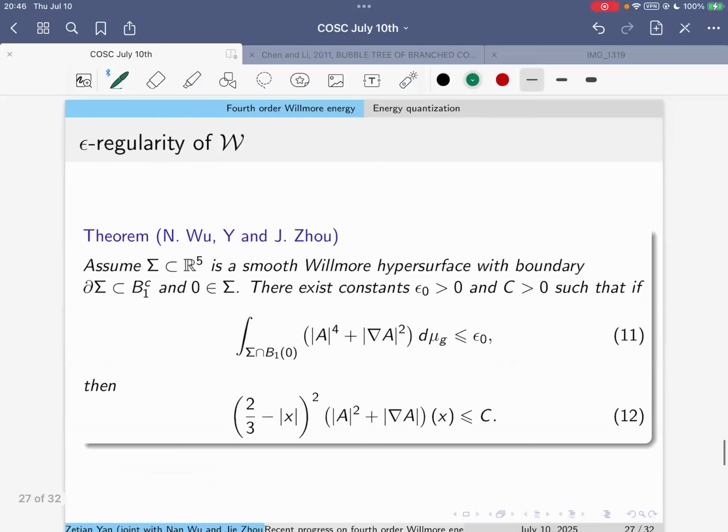And right now, we already established the epsilon regularity.